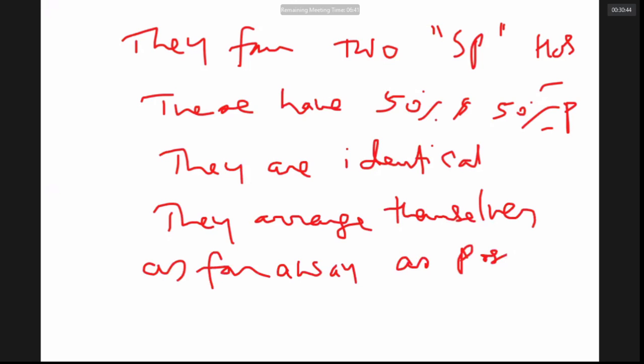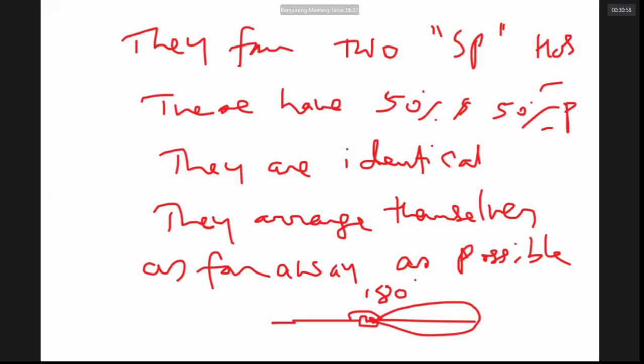If you have two sticks and you have to arrange them as far away as possible, you arrange them at 180 degrees. Linear, yes. So these are two sp hybrid orbitals, 50% s character, 50% p character, separated by 180 degrees. Each has one unpaired electron.